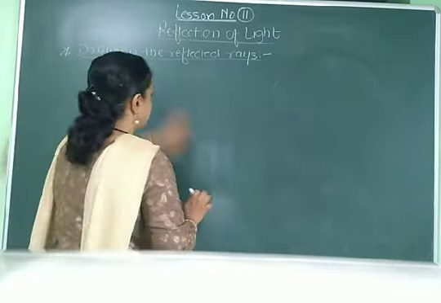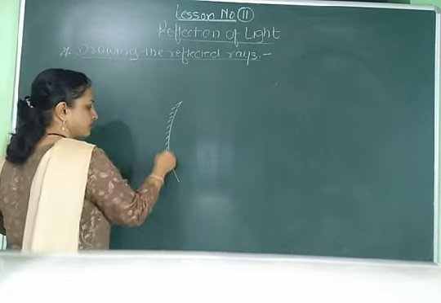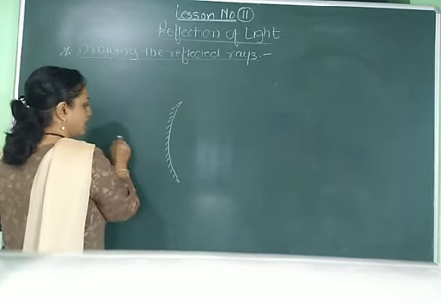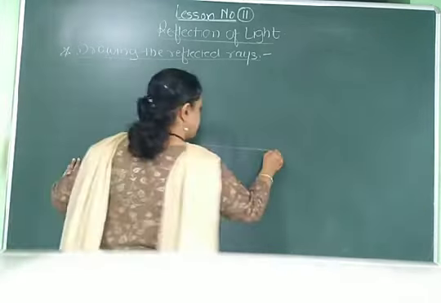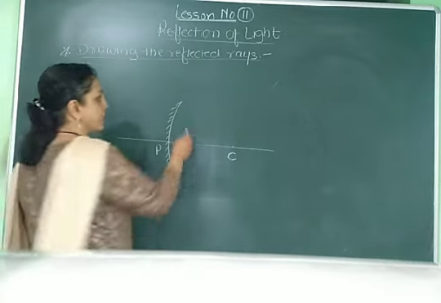Let us consider a concave mirror. Consider this is a concave mirror. This is the principal axis of that concave mirror. This should be the pole. Consider this is the center of curvature, that we know what we mean by center of curvature.